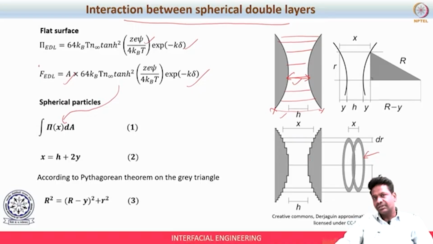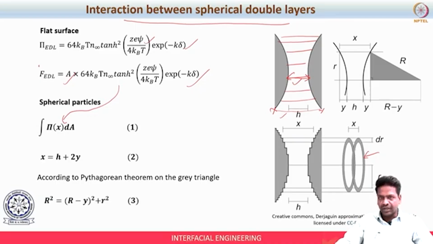So the strategy is very simple. I know the equation for a flat plate. Now I am going to consider this curvature as an infinite number of flat plates. I know it for one flat plate, which is very small, and then I will integrate that over the desired area.